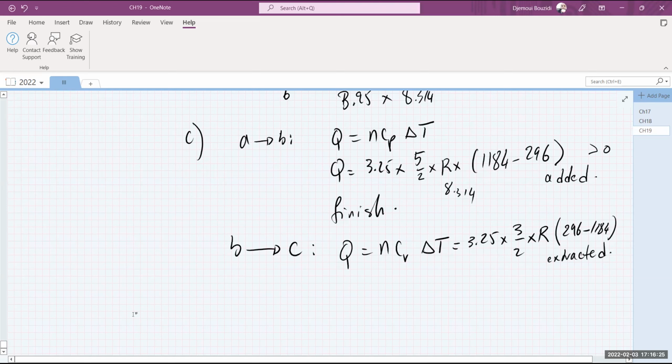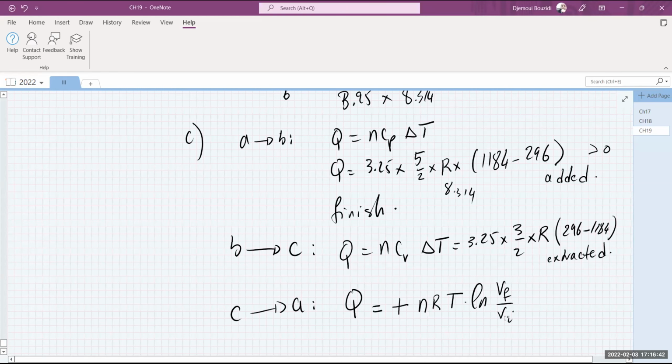The final value is from C to A. For that, we have found it to be equal to positive nRT times ln of V final over V initial. That's what we have found.